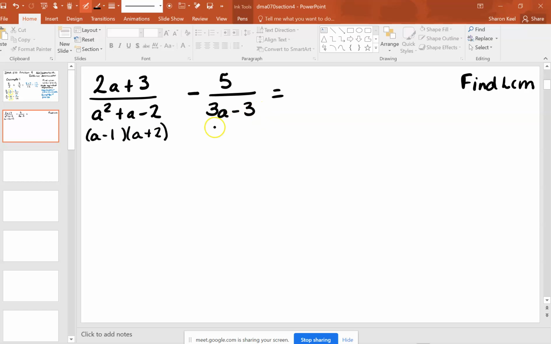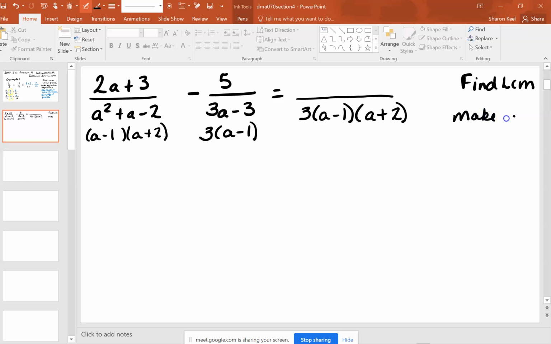For this one, I'm going to factor out a 3, and that leaves me with an a minus 1. So for my least common multiple, we have a 3, both of them have an a minus 1, and the other one has an a plus 2. So we find our least common multiple. Now we're going to make equivalent expressions.